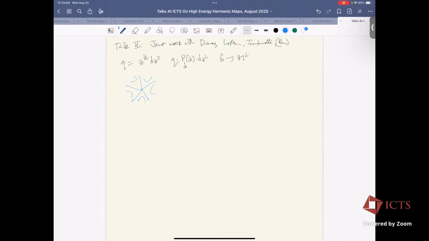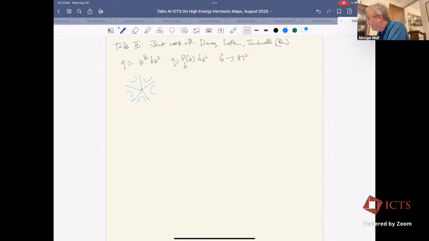And by looking at a polygon of this, I'll pick out some leaves and make a polygon of horizontal and vertical leaves.